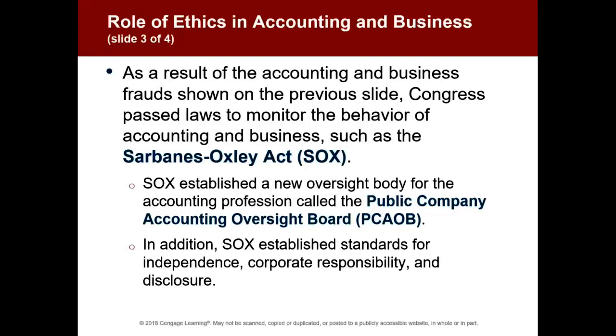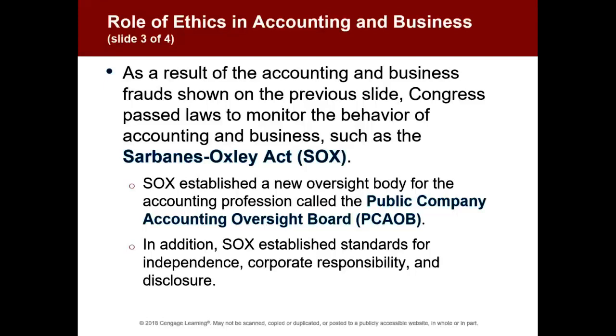Because of some of the indiscretions, and unfortunately with some of these companies, the accountants were actually helping them, both internal and the independent accountants that were auditing the business. They were involved in some of the financial frauds.